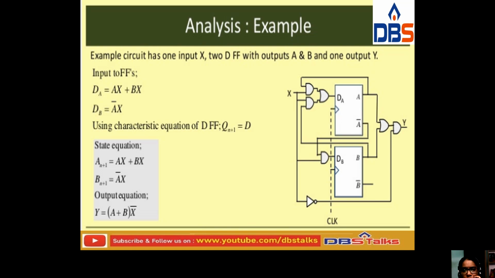Here also it is taking this input. So from this we can write the state equation as A of n plus 1 is equal to ax plus bx, and B of n plus 1 is a bar x. From this we can write the output equation as y is equal to a plus b into x bar.